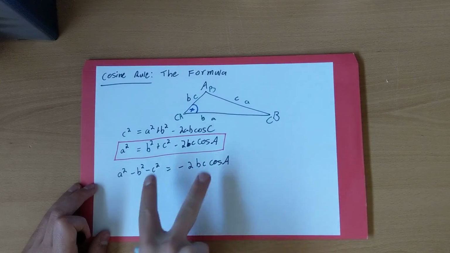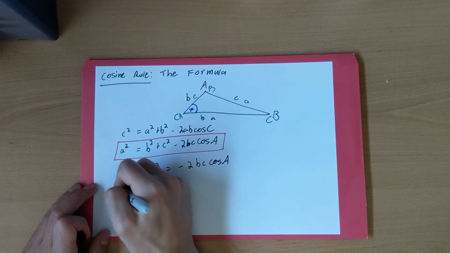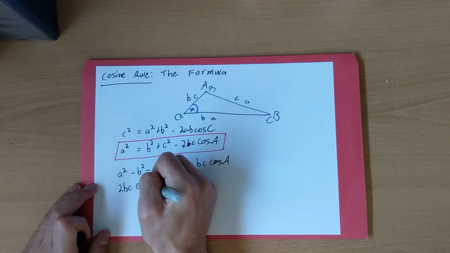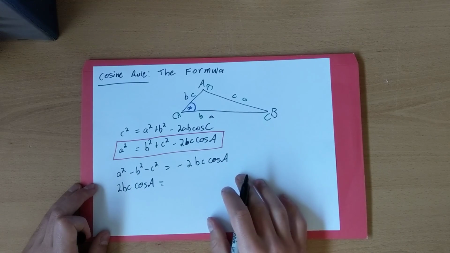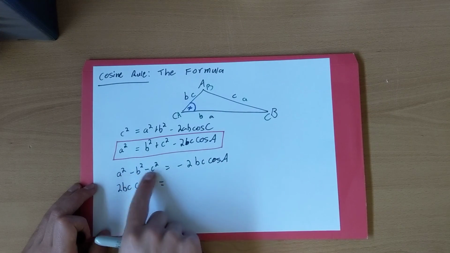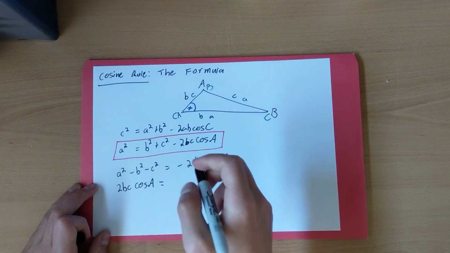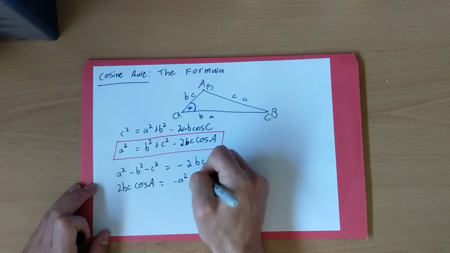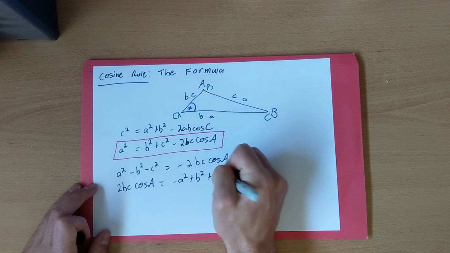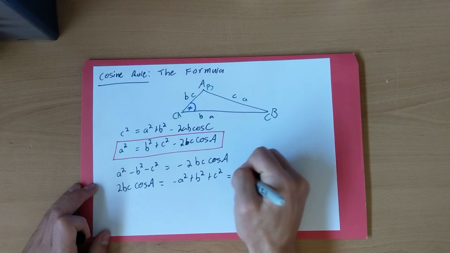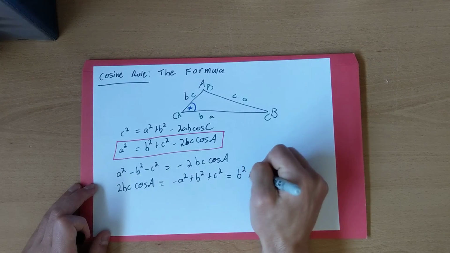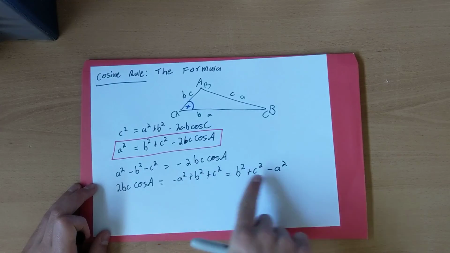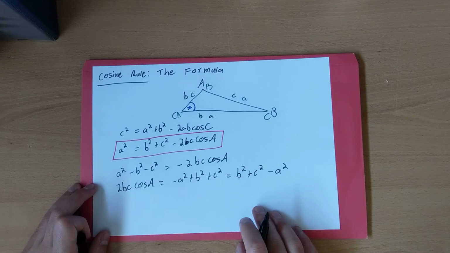As I do that, I'm also going to just flip the sides of the equation to make it easier. So I get that 2bc cos A is going to equal, so everything here is just going to be multiplied by -1. So we're going to get negative a squared plus b squared plus c squared, which I'm just going to write slightly differently. I'm going to write that as b squared plus c squared minus a squared. These two mean exactly the same thing. I've just swapped the order.